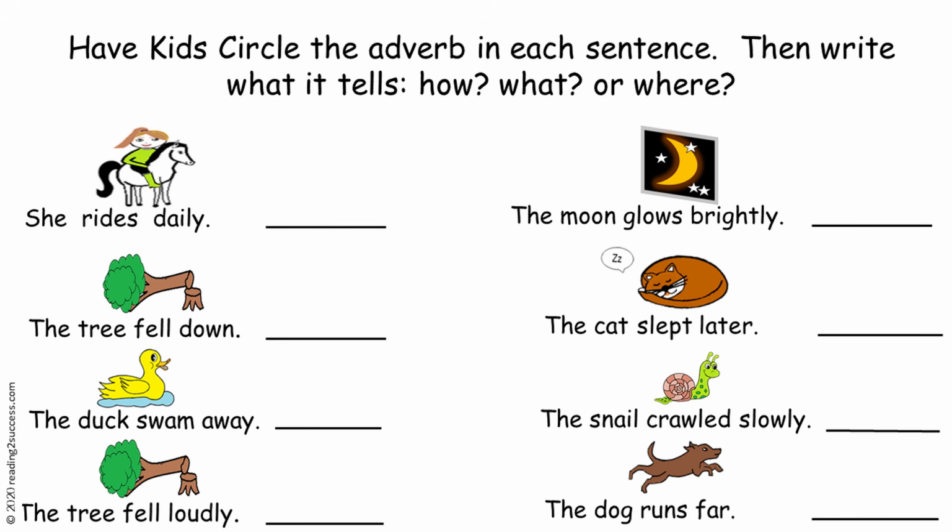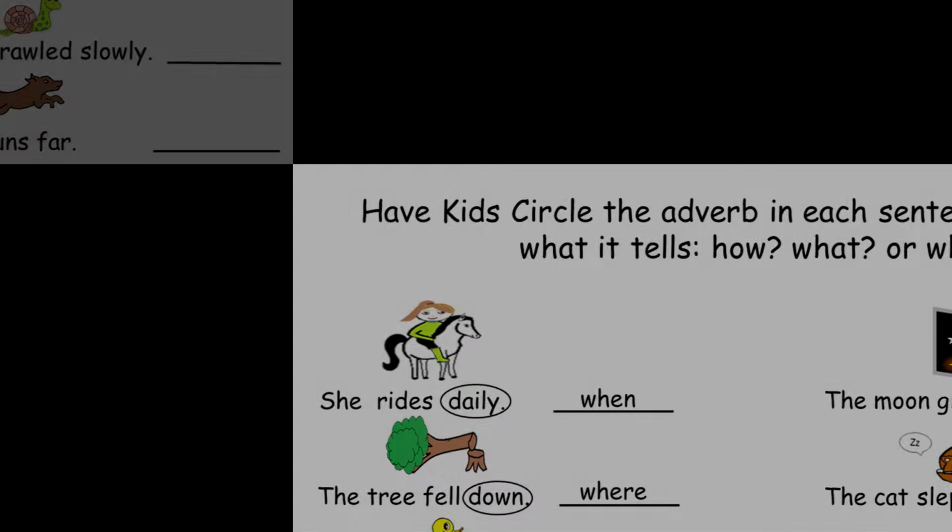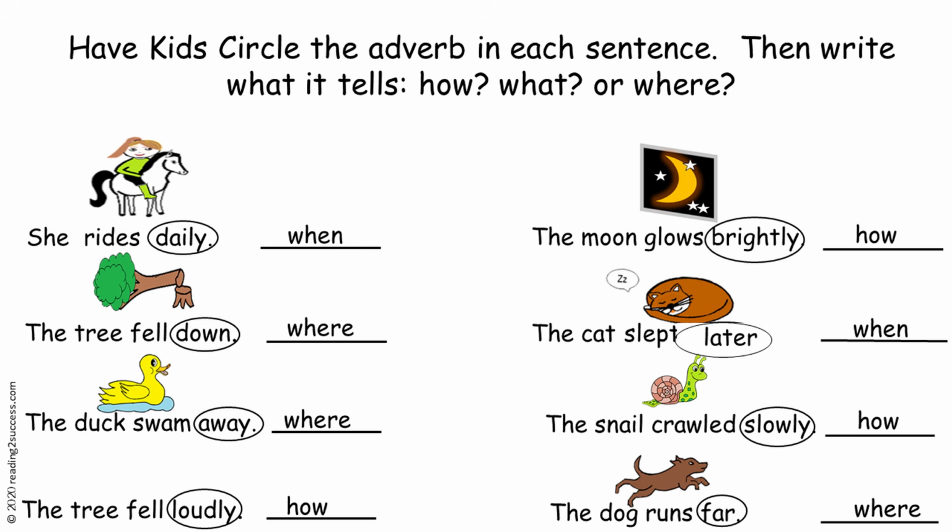The snail crawled slowly. Slowly is the adverb, and it tells us how. And our last sentence, the dog runs far. Far is the adverb, and it tells us where. This is a completed example.